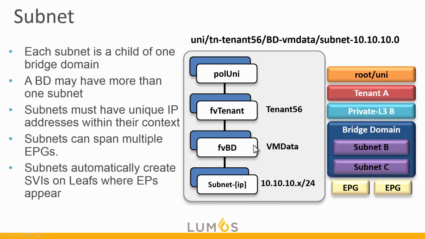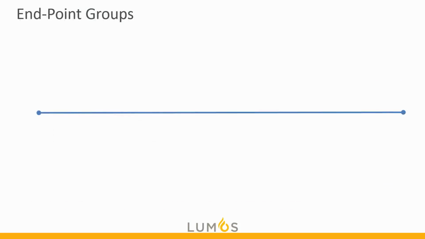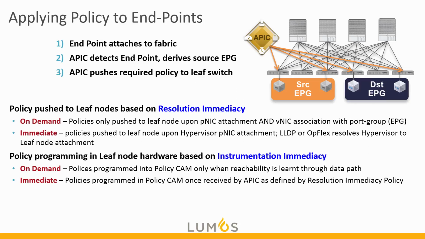But I should note, as I flip through these slides, that for endpoint groups, we do have a class ID per EPG. Okay? So when we take a look in the next module at the VXLAN header, and we talk about having space in the header for the EPG, we're not placing the name in the VXLAN header, but rather each EPG has a class ID, and that's essentially what goes in the VXLAN header.